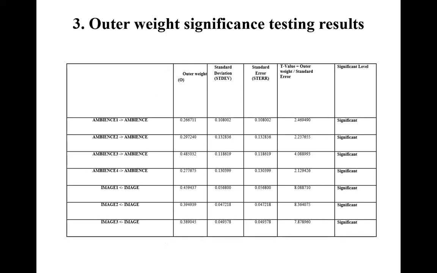Outer weight, जो results हैं output, I will show the output also. So here you can see the outer weight, the t value in this column. You can see all the values should be greater than plus minus 1.96.